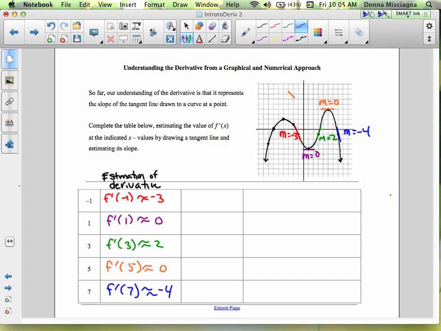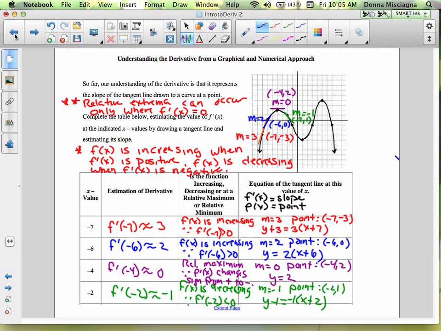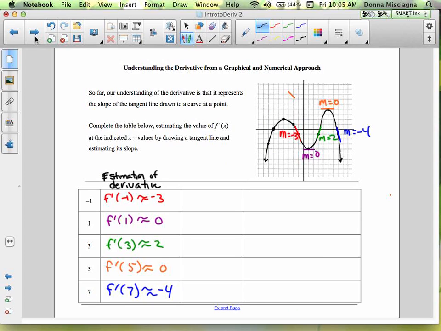All right, so then the next column said increasing, decreasing, max or min. We'll just abbreviate.